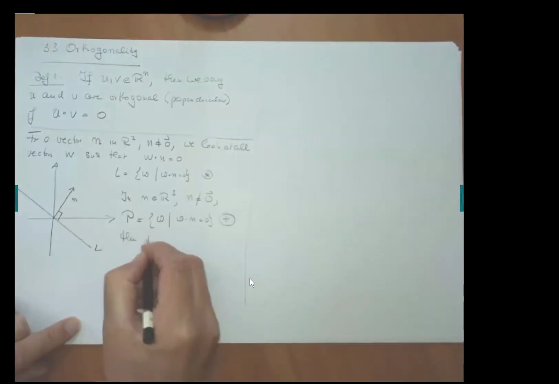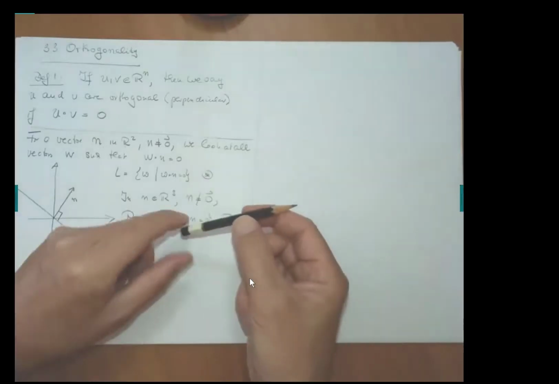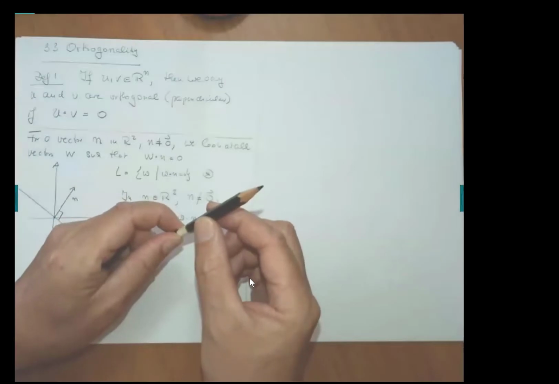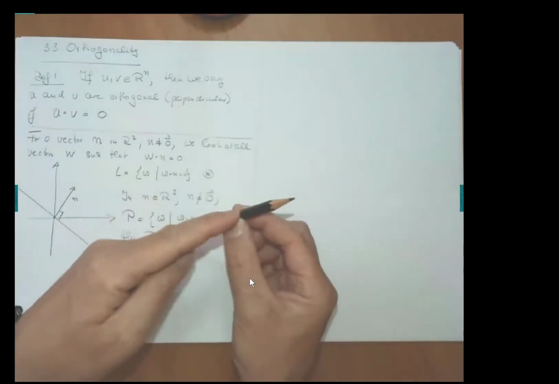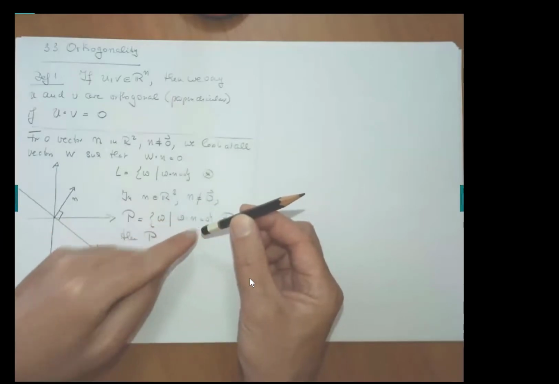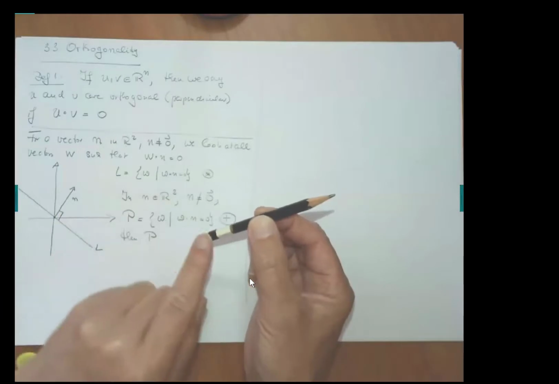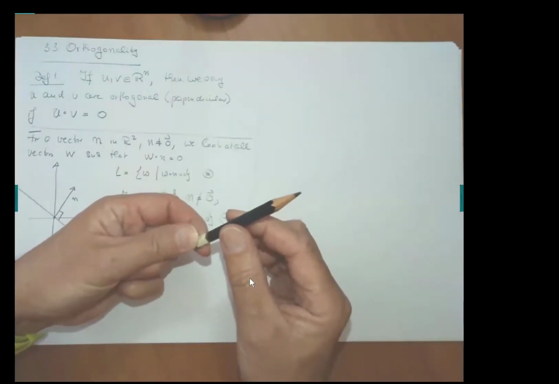Then P. Now, you think about in 3 dimensions, I have a vector. Let's assume this here is n, my vector n. Then it turns out if you look for all vectors which are perpendicular to one vector, you don't just get a line, but many lines, because there are many lines which are perpendicular to this vector in 3 dimensions.